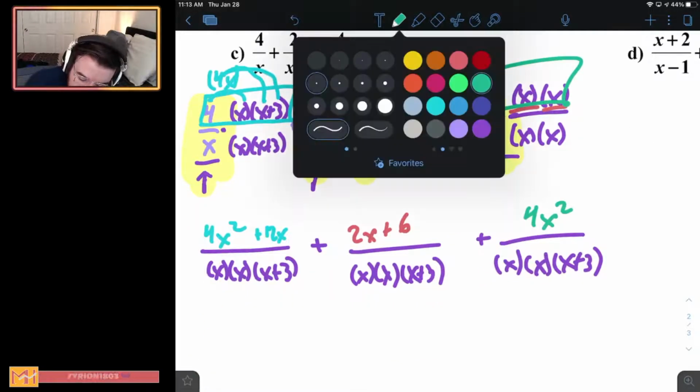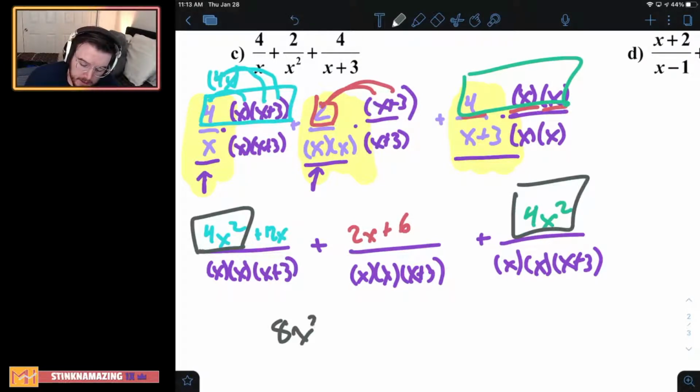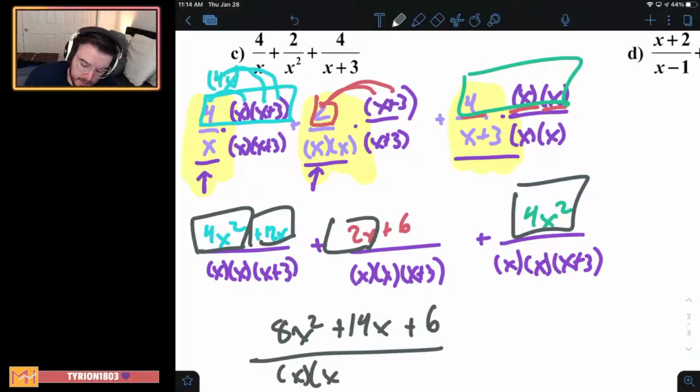So when we add this all together, 4x squared and 4x squared become 8x squared. 12x and 2x add to 14x. And then we get a 6 all over x times x plus 3. Feel free to rewind that and go back and look at my thought process, okay?